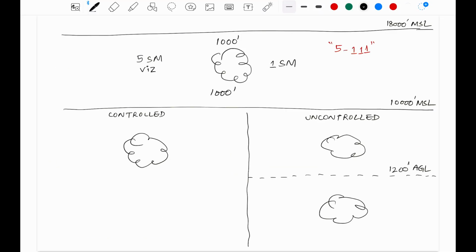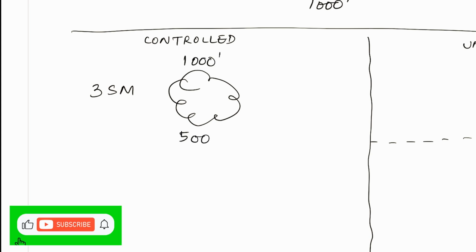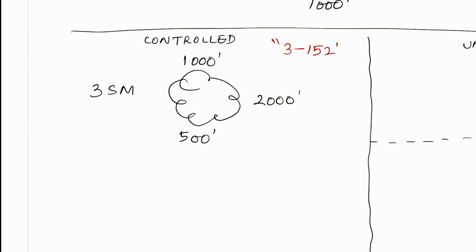On the controlled side, the visibility requirement is 3 statute miles, and the cloud clearance requirements are 1,000 feet above, 500 feet below, and 2,000 feet horizontally. So I remember this as 3 Cessna 152s.